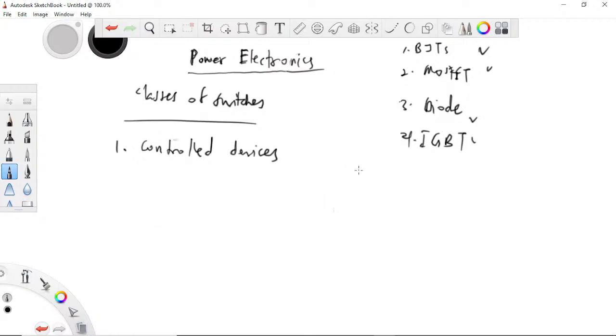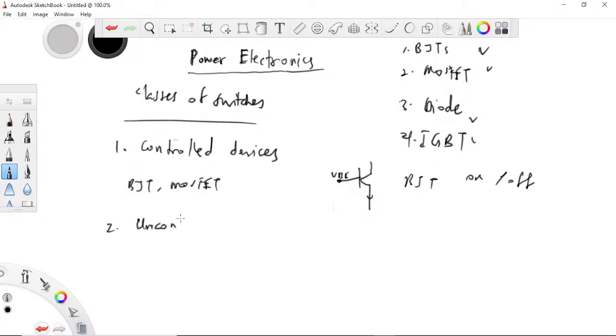If I have a BJT, I must supply a certain base voltage or a certain base current, which will cause the BJT to be in the on or the off state. So the BJT is a control device. We also have the MOSFET as a control device, and so on and so forth.